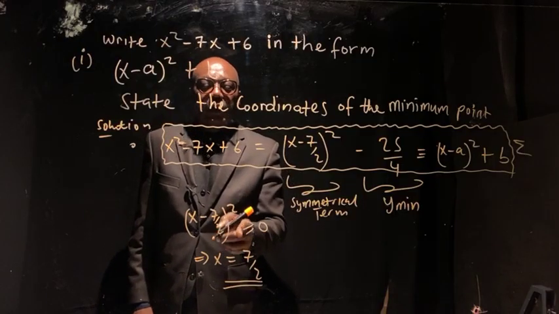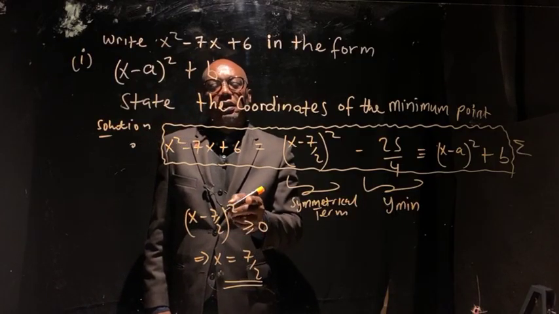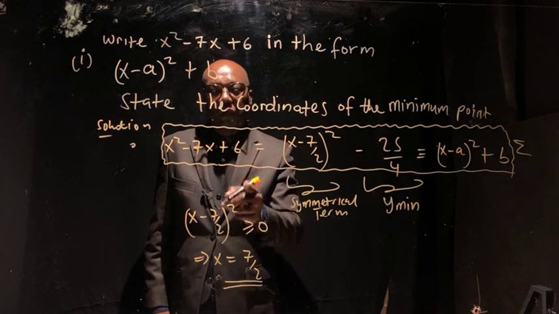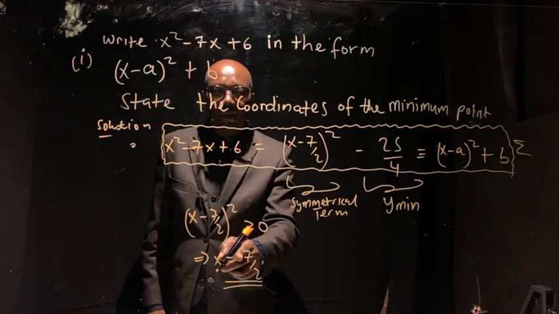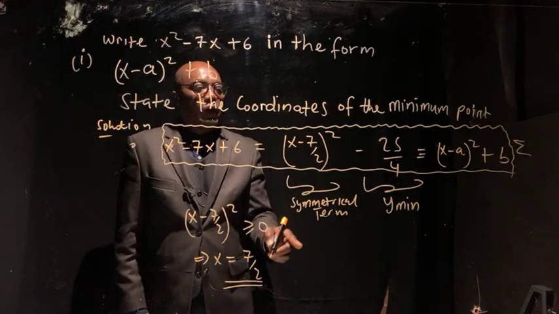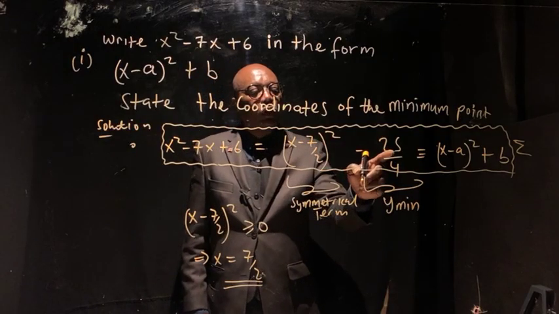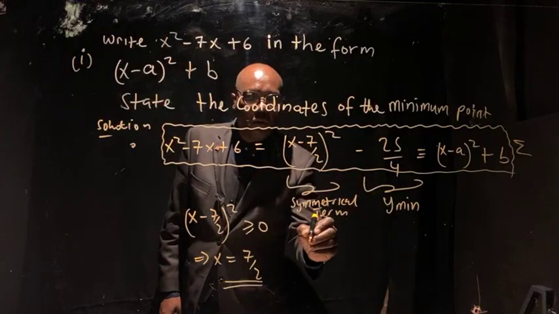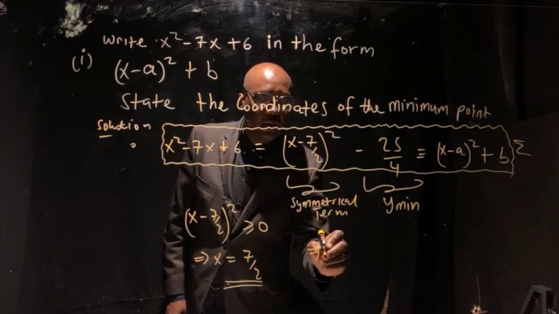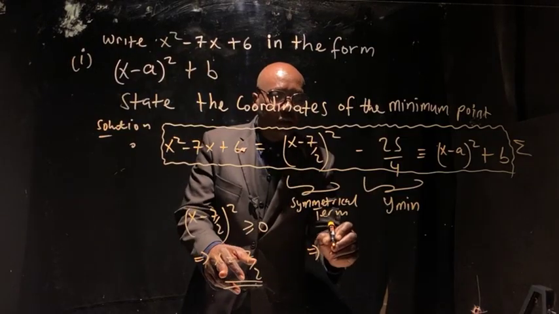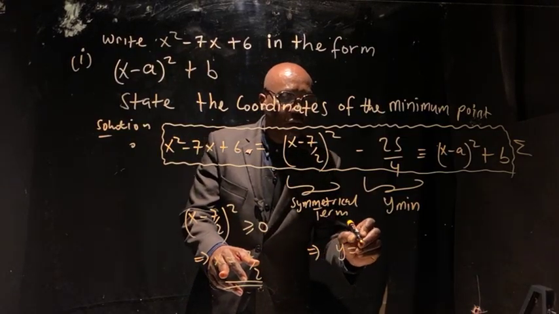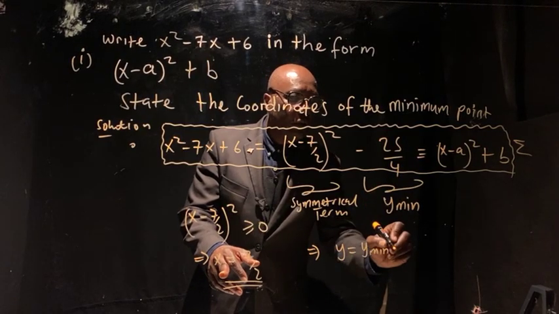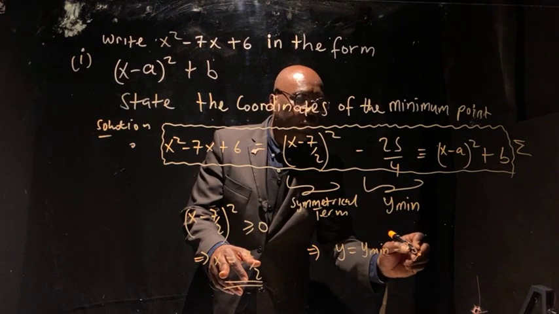This value is the x value where the symmetry occurs. The symmetry is the line that divides the quadratic graph into two equal portions. It occurs at 7 over 2. And then the y minimum term is minus 25 over 4, which implies that where the symmetry occurs, y equals y minimum, which is minus 25 over 4.